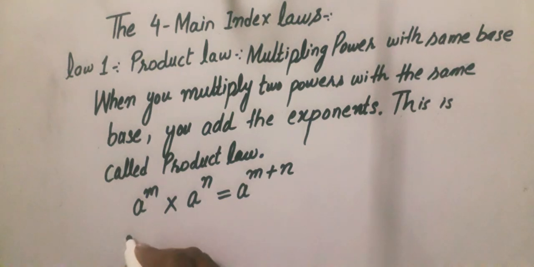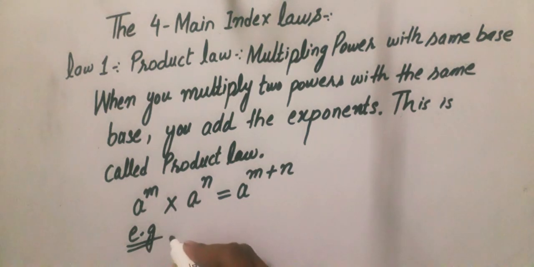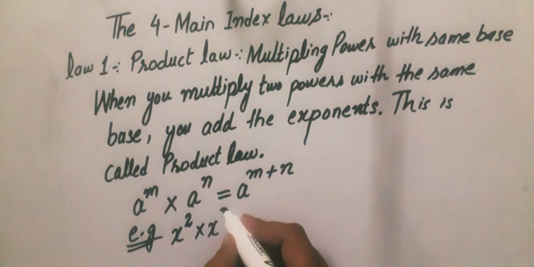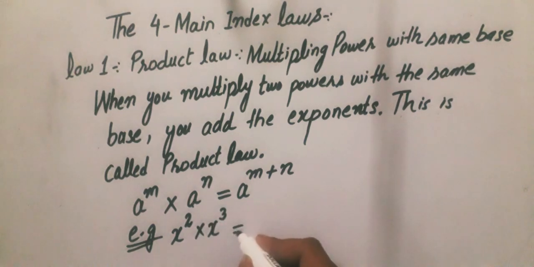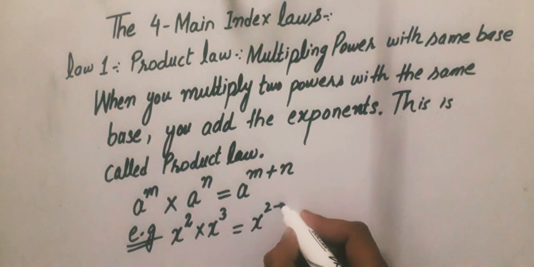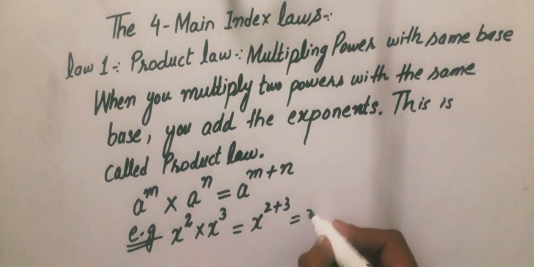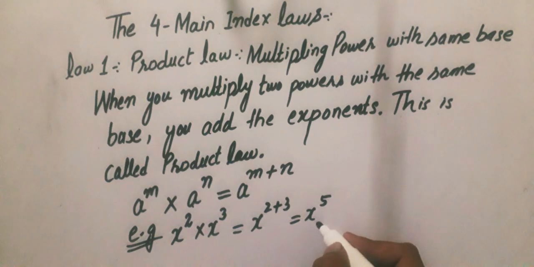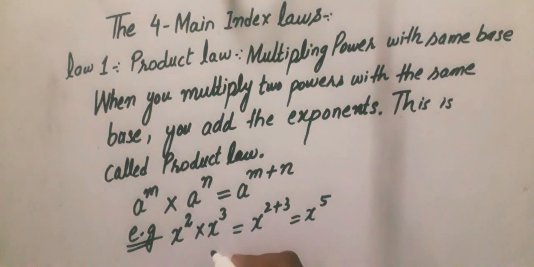Now we will solve an example. By using this law, x power 2 multiplied by x power 3 will become x power 2 plus 3, which is equal to x raised to power 5. So this law only works when the bases are the same.